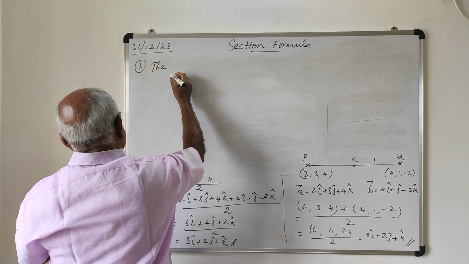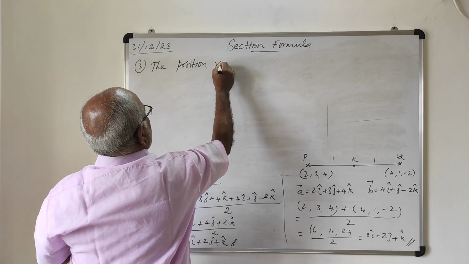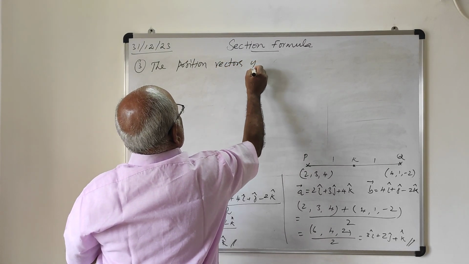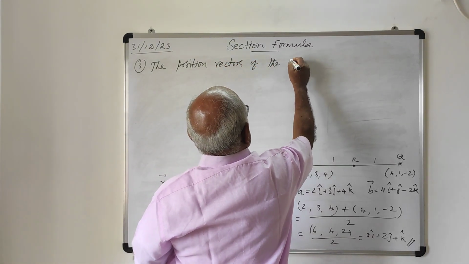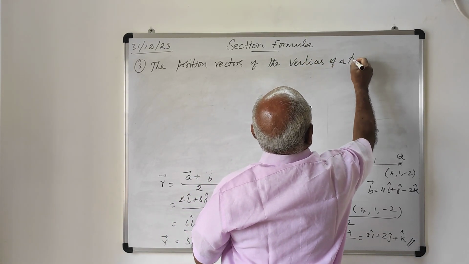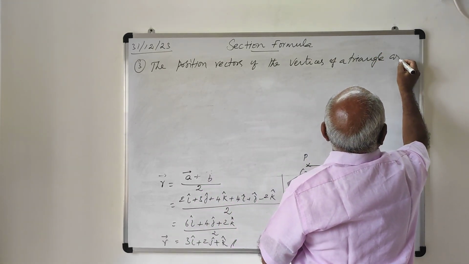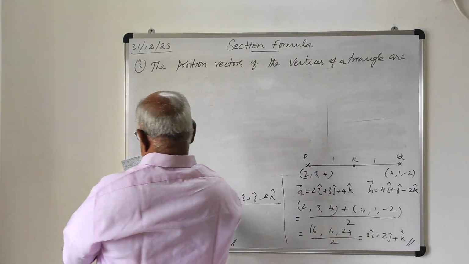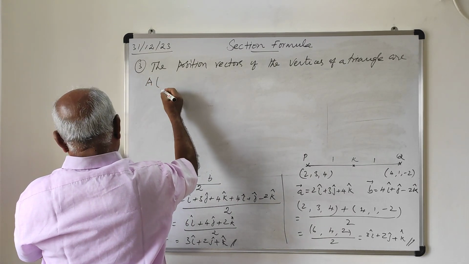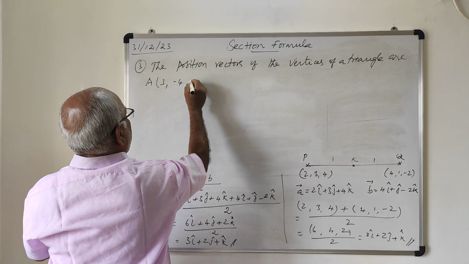The position vectors of the vertices of a triangle are given as A, the vector A is 3, minus 4, minus 4.